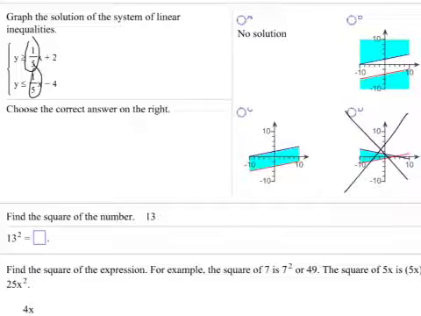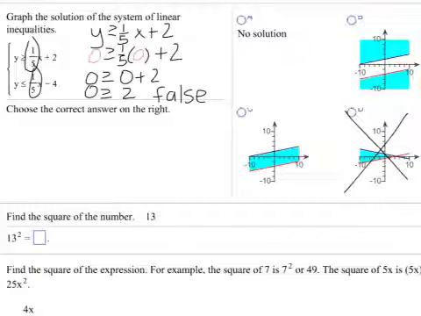So we'll need to shade on both sides of this line to see which one is correct, either A, B, or C. So since they already have the lines drawn for me in B and C, the only thing I need to do is just test a point 0, 0, since it's not on either one of those lines. And the lines are the blue and red on these choices. I'll test 0, 0 and find out if the shading meets or not.